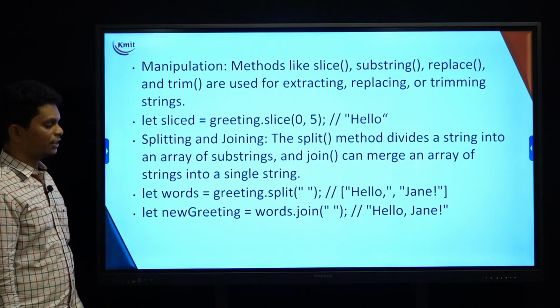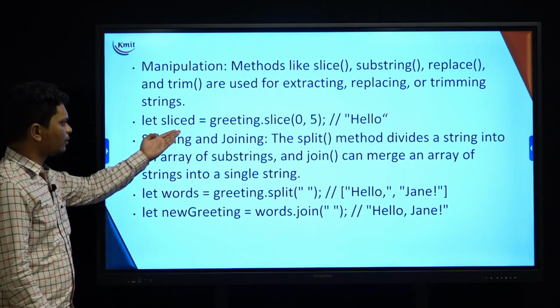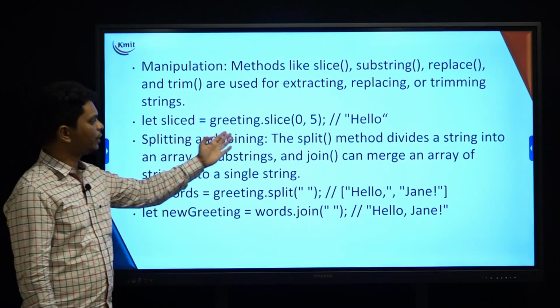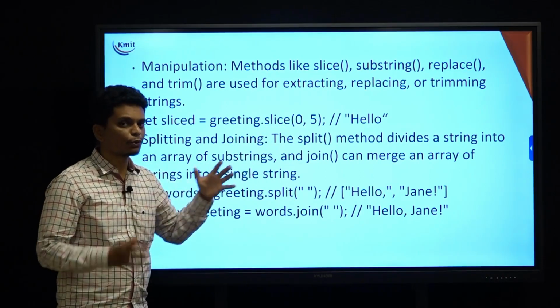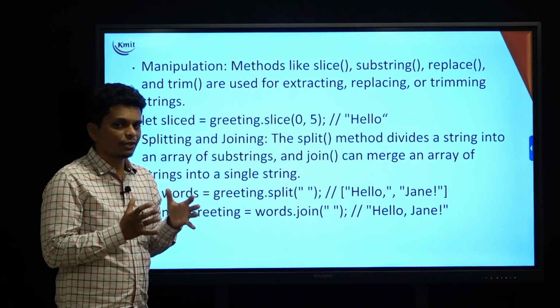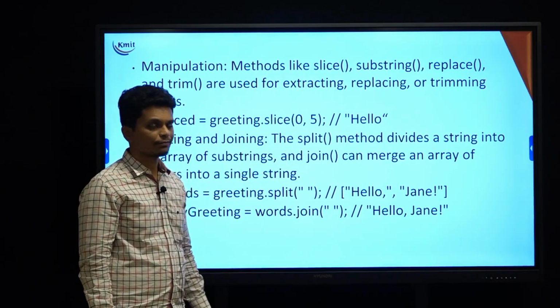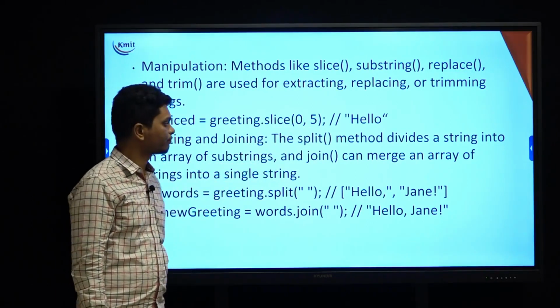First, we have slice. How to use slice? Here I have taken a variable called sliced equals greeting dot slice, and here I have two parameters. I want to slice off a string within the index values of 0 and 5. So I have mentioned the index values 0, 5.